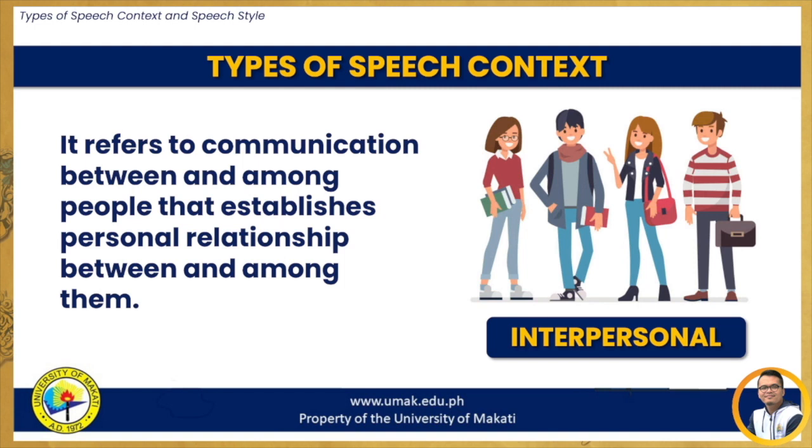The next type of speech context is interpersonal communication. This communication involves two or more people. The conversation can be formal or informal, intimate or casual, depending on the relationship people involved have.